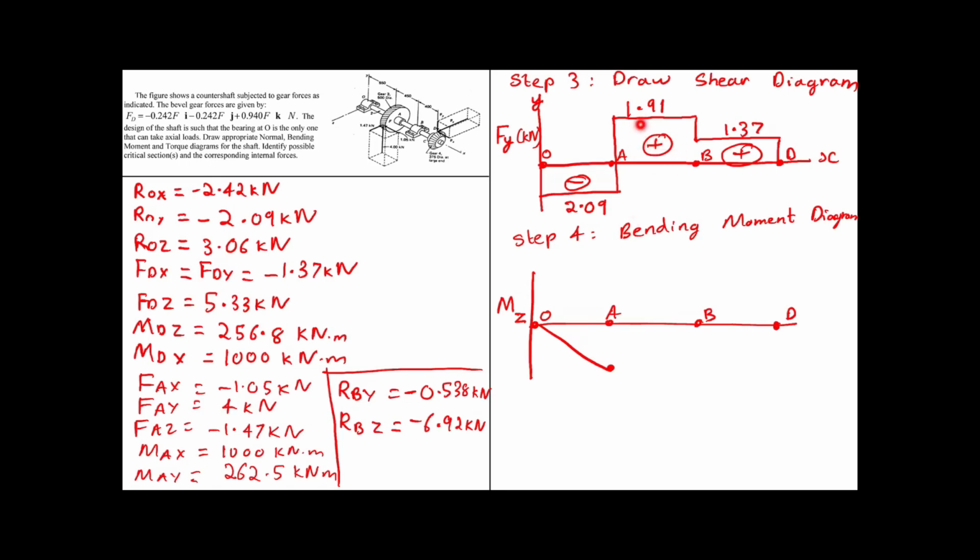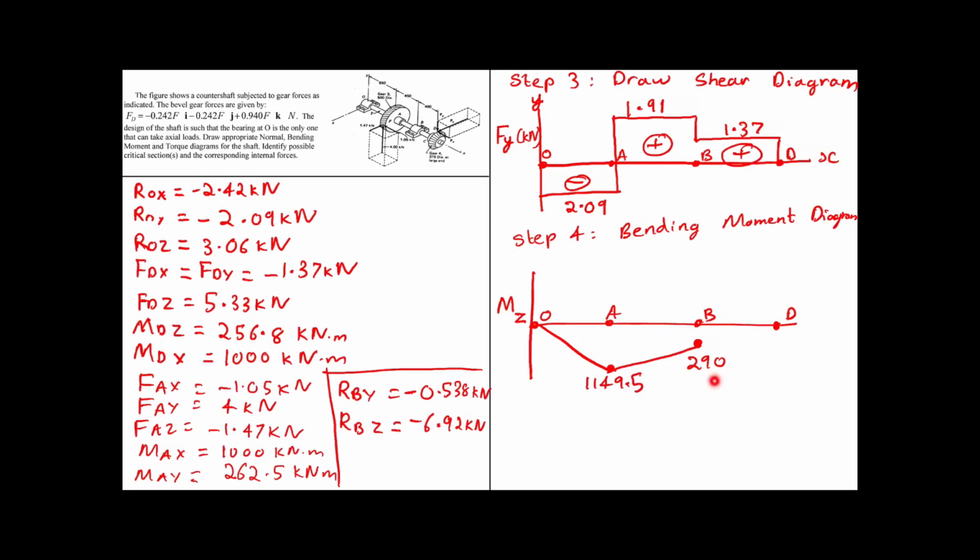Now we have 1.91, and the distance between A to B is 450. So if you multiply that, the value would be less than 1149.5. So although the value is positive, it has a lower magnitude. So it will be below the point B. So it will be somewhere here, and the value here is 290. The value over here was 1149.5.